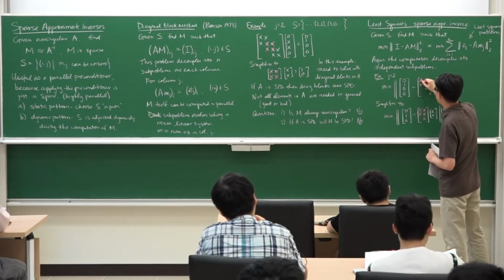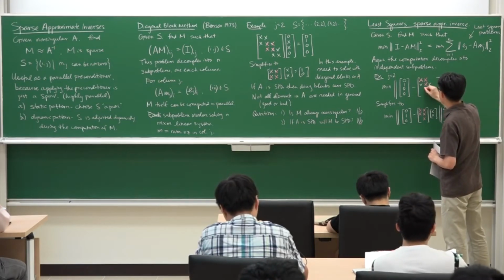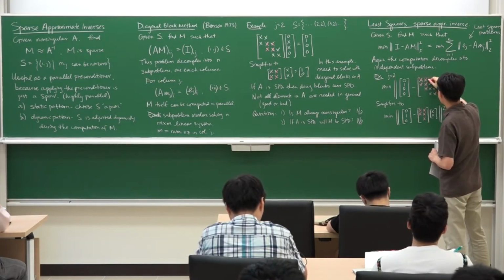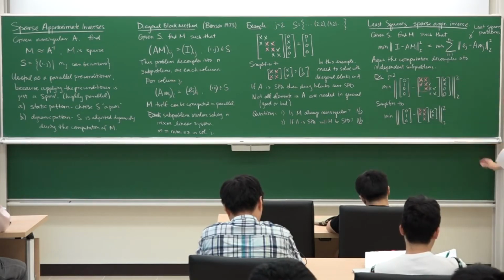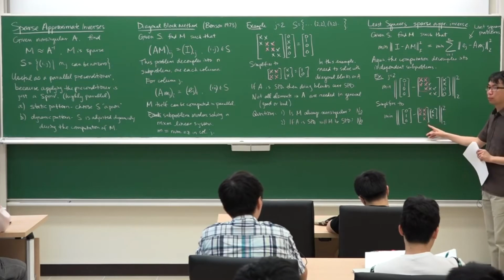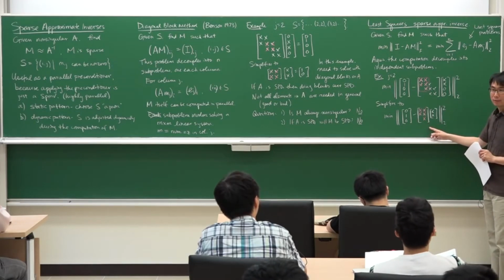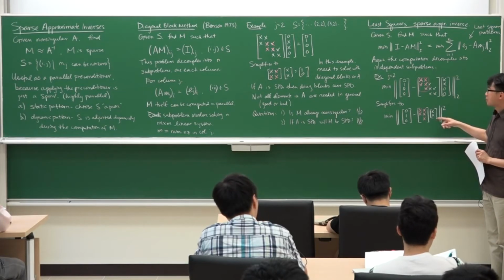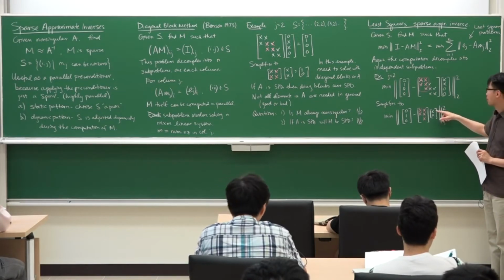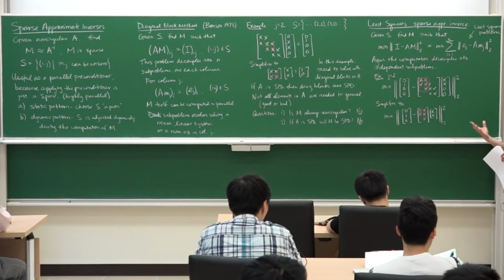It comes from this part of the matrix. And you can see that the least squares problem will be bigger if we have a sparsity pattern that is bigger, so the number of non-zeros in M is large.